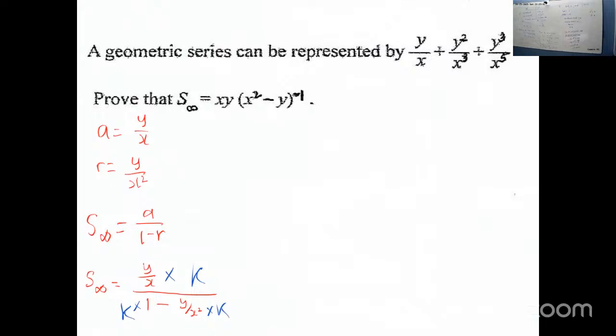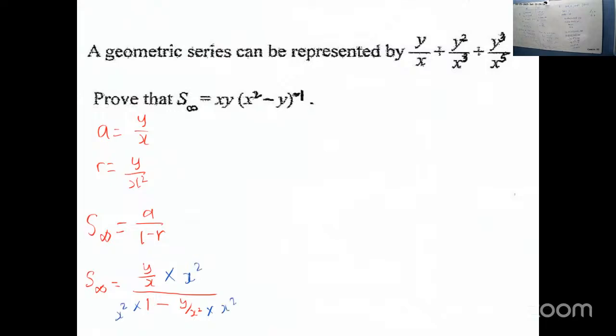Right? So because you have all those fractions there, what can you multiply every single term by to remove the fraction? X squared. Very good. So we multiply every single term by x squared.